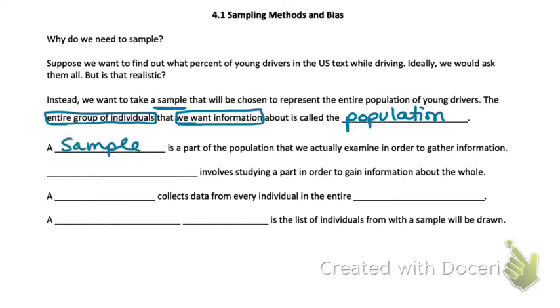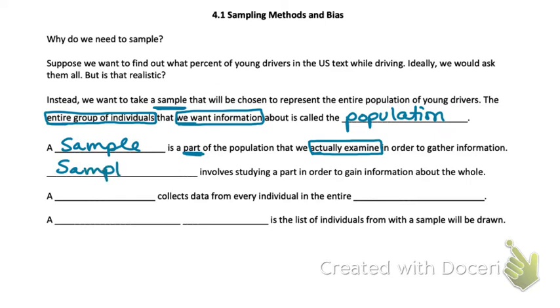Now, a sample is a part of the population, and this is very important, that we actually examine. So we get their actual data. Those are the people that are in the sample, okay? A sample is part of the population that we actually examine in order to gather information.